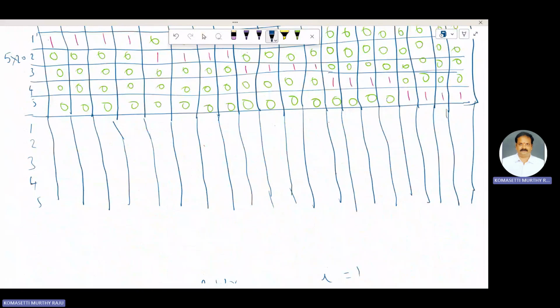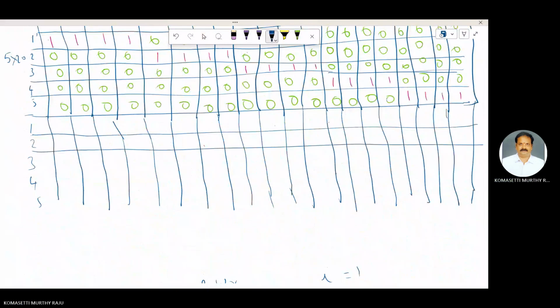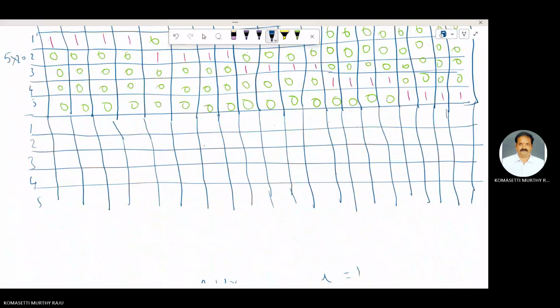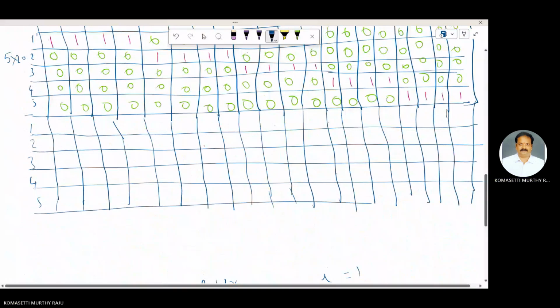Second one here, we have to frame the second one. This one is another 5 cross 20.